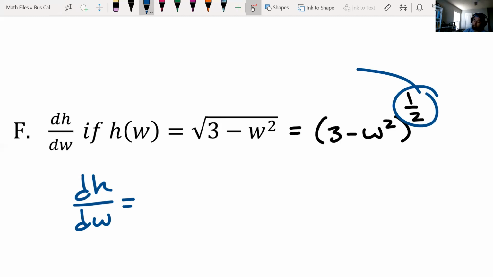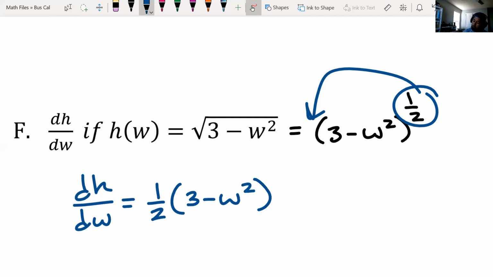And this 1/2 is coming down. So 1/2 times the inside, we subtract 1. And again, 1/2 minus 1 gives me negative 1/2. So there's the derivative of the outside. Now we multiply it by the derivative of the inside, which is negative 2w.